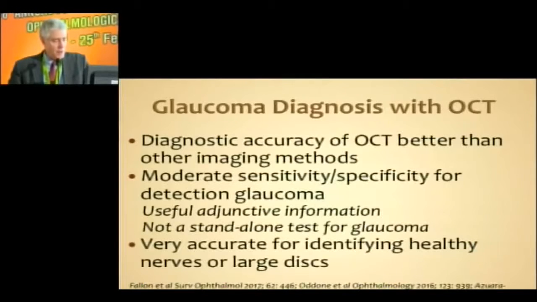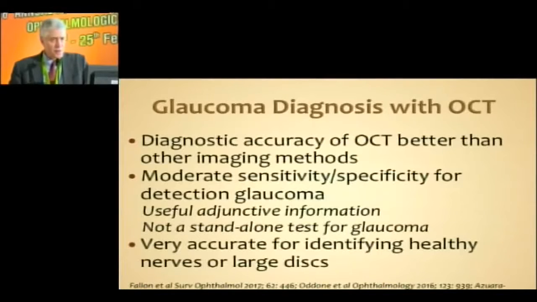But it can be very helpful information that we use even for diagnosis of glaucoma in conjunction with the other assessments that we do, let's say intraocular pressure and visual fields. In combination, OCT can be very helpful for diagnosis. And it is certainly very accurate for identifying healthy nerves and large discs.